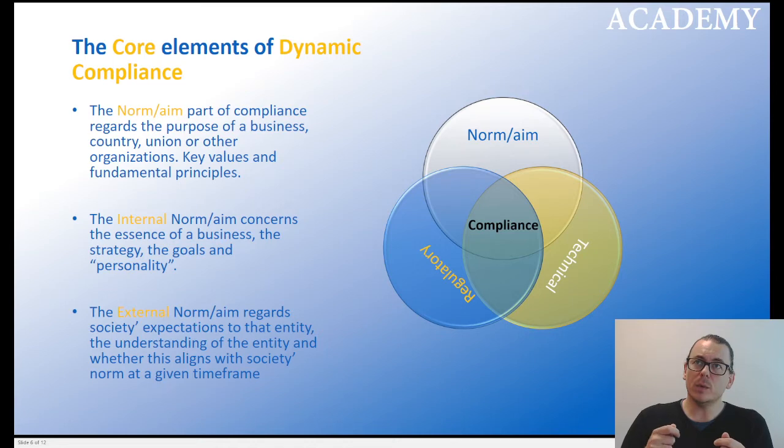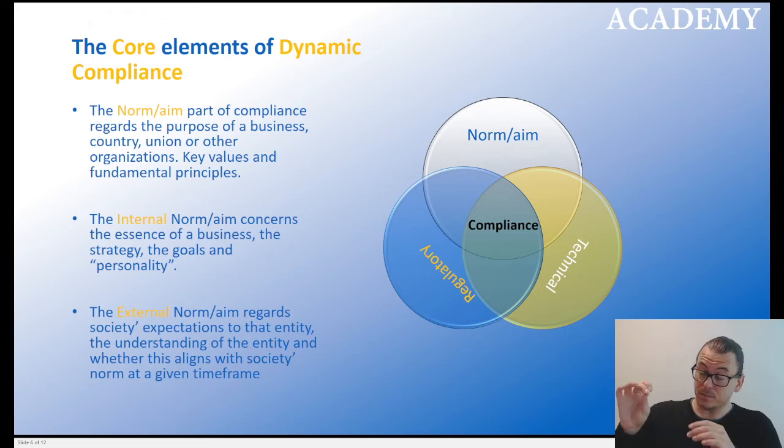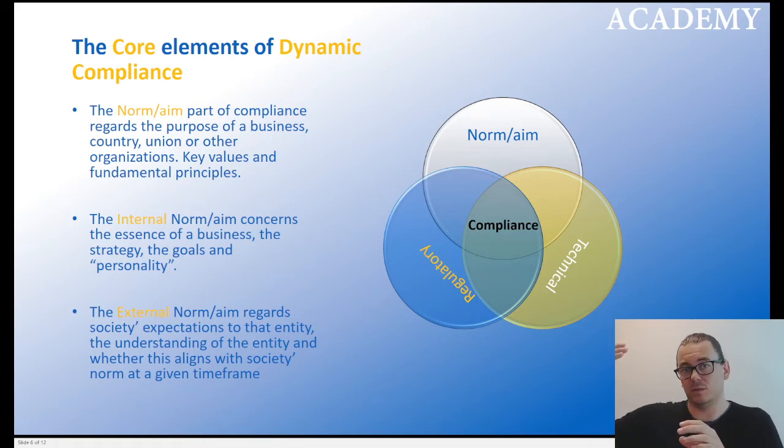So typically when we looked at reactive compliance, the old school compliance, you would look at a law, say, okay, there's this specific requirement, but you would never look to the aim of the law. Look at the preamble in the directives and see, oh, so what is this? Why did they make this law? What is the aim? What is the norm behind this law?